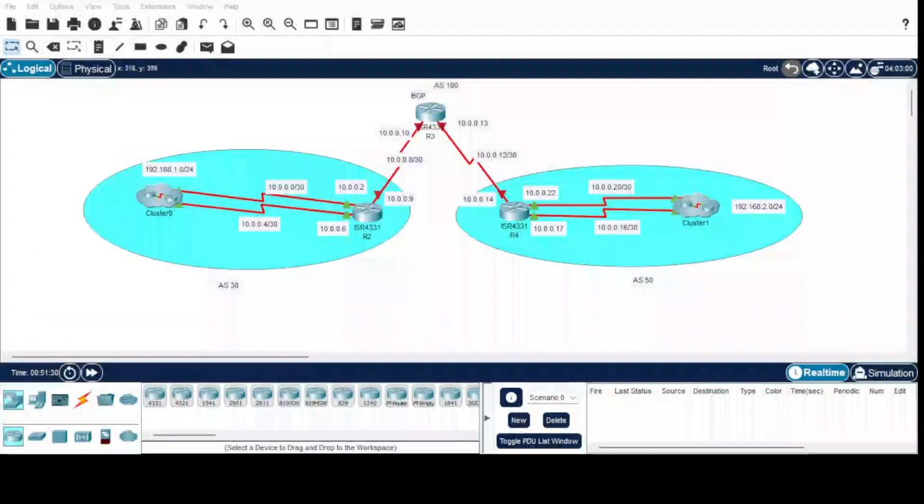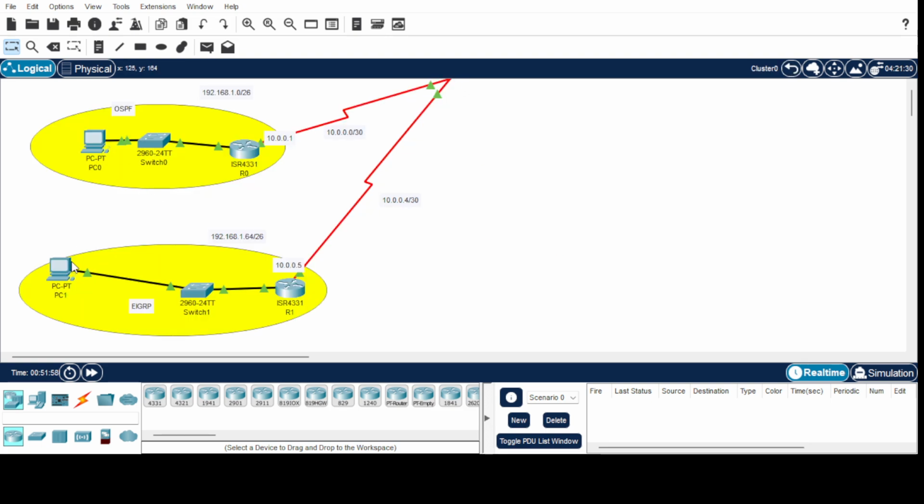Bringing back the main screen. The EIGRP and OSPF definitions are now configured at the edge router, but still the two local routing protocols are unknown to one another. EIGRP has no knowledge about OSPF, and similarly OSPF has no idea about EIGRP. Because of that, the PCs can't connect or ping one another.